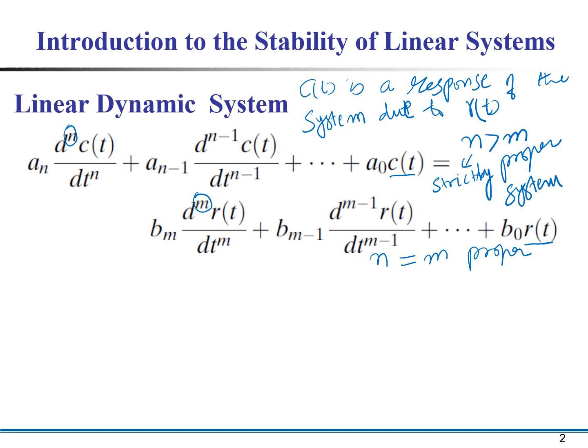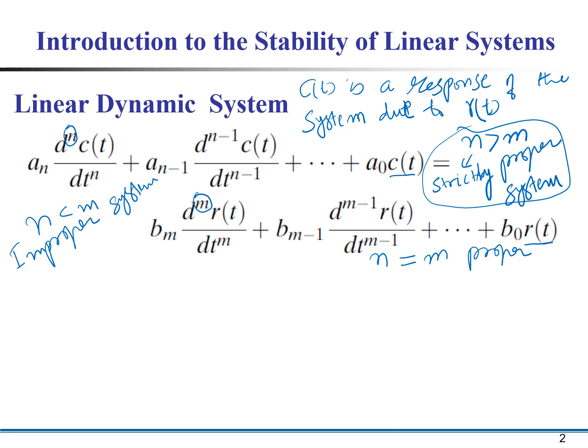In nature, most of the systems are strictly proper systems. If n is less than m, we say it is an improper system. Such systems are very rare in nature. In the software we can create such systems.